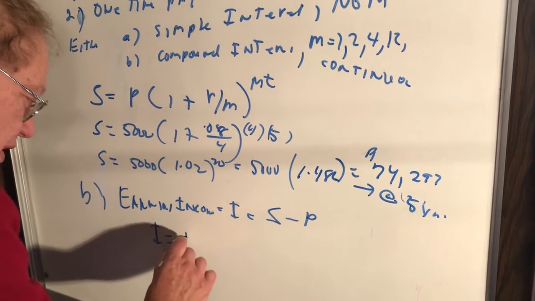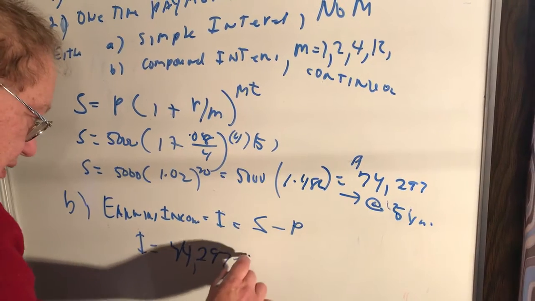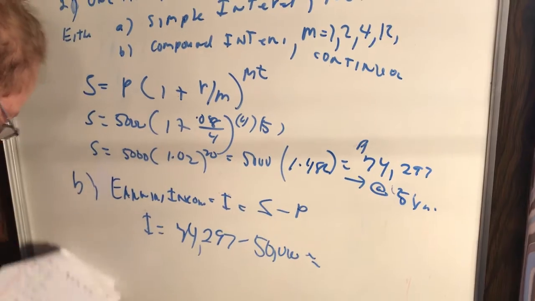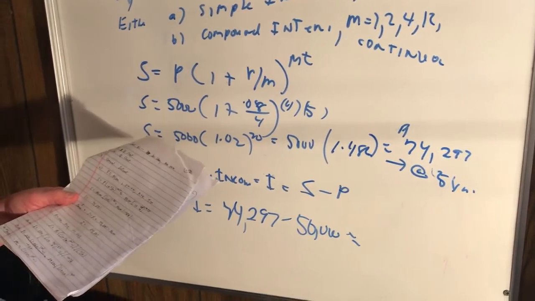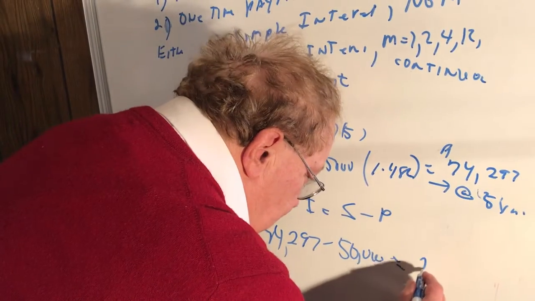So it's 74,297 minus 50,000. So your earnings income becomes equal to 24,297.